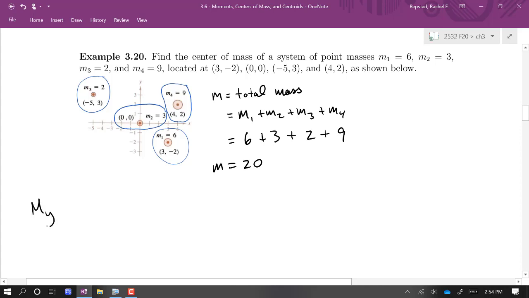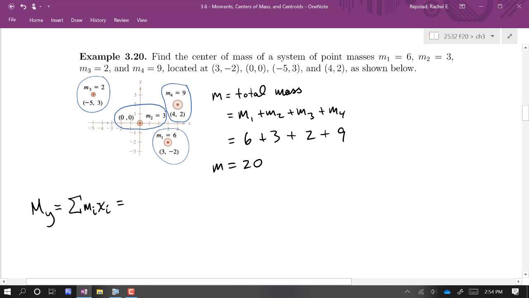So the moment about the y-axis is given by a sum, and we're going to add up. I'm going to use some summation notation here, this capital sigma, where it says add up what follows. And so I'm going to just take these products of mi times xi. That means each mass by its respective x position, and then we're going to add those up.